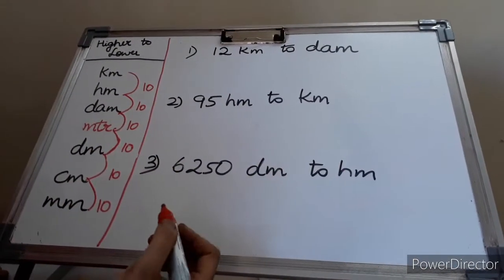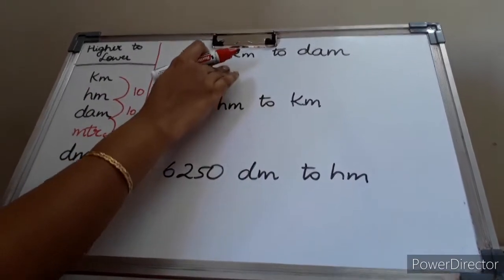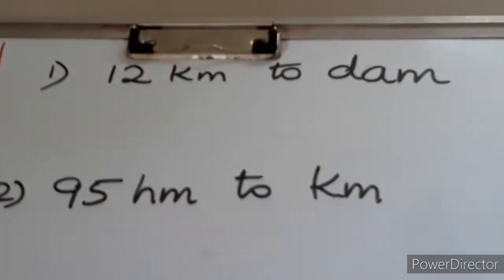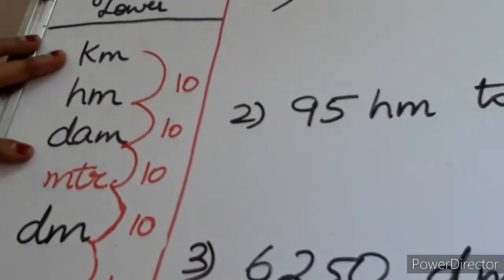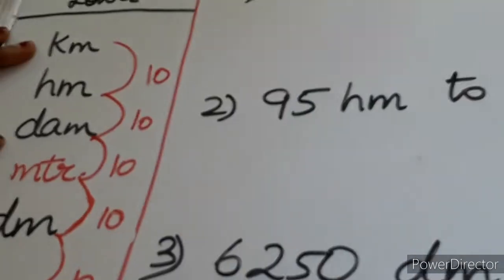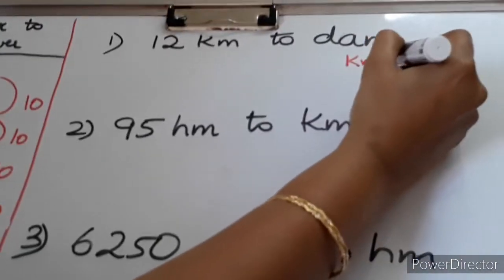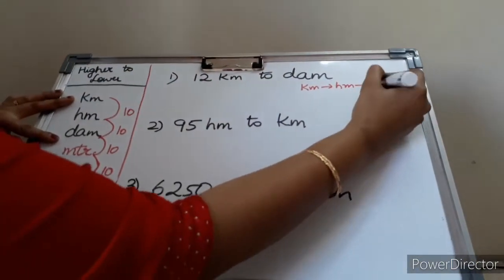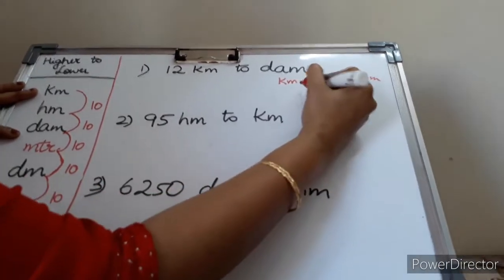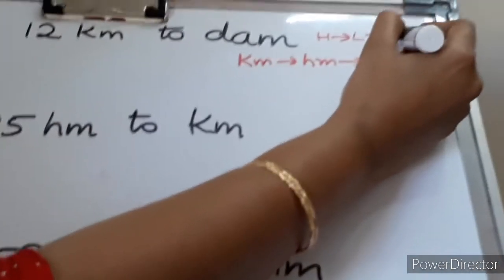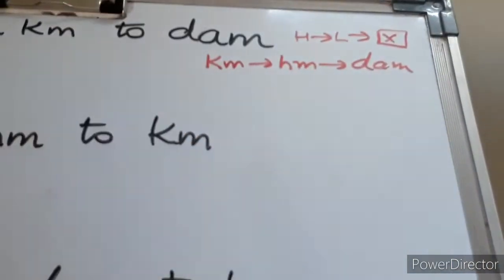Now the next question is, if we have to convert this 12 kilometer to decameter. Now where is kilometer? Kilometer, hectometer and decameter. These three we are concerned about in this question. So from higher to lower unit we are going, we have to multiply. This is understood.